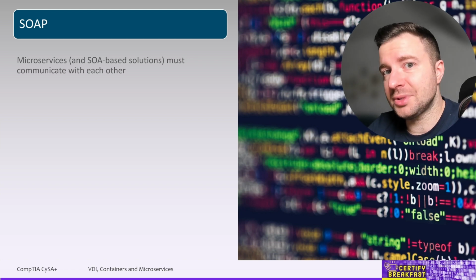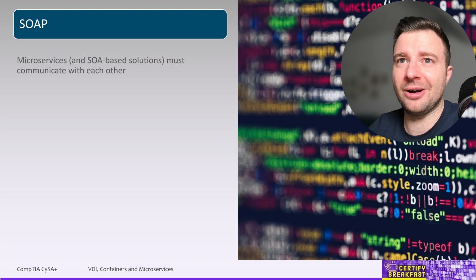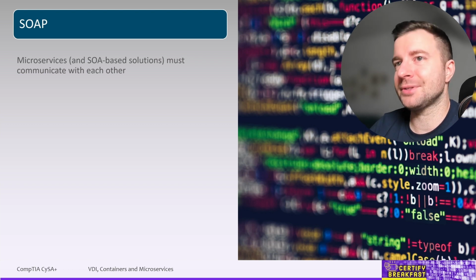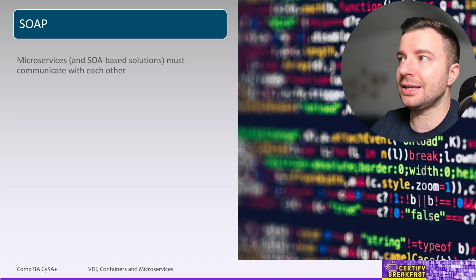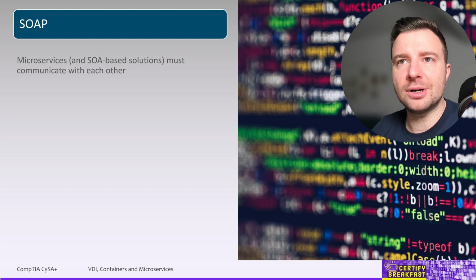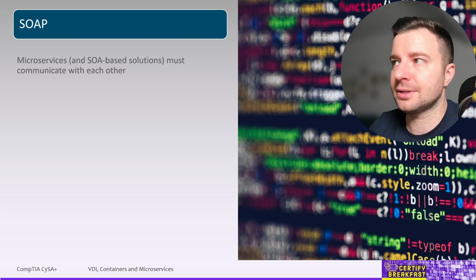Now, SOAP has to receive a special mention here simply because it has been around for so long. Remember when we mentioned that those services in the service-oriented architecture can be written in any language as long as they can properly interact with each other? Well, this compatibility was for a long time ensured by SOAP, that is, Simple Object Access Protocol.